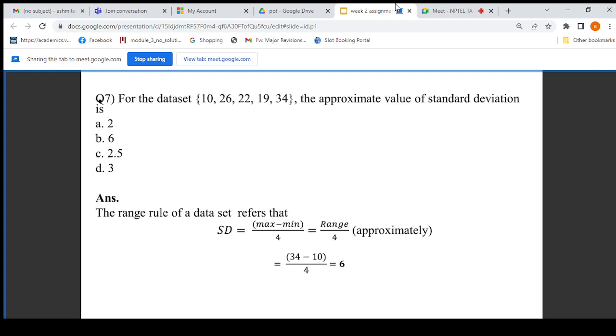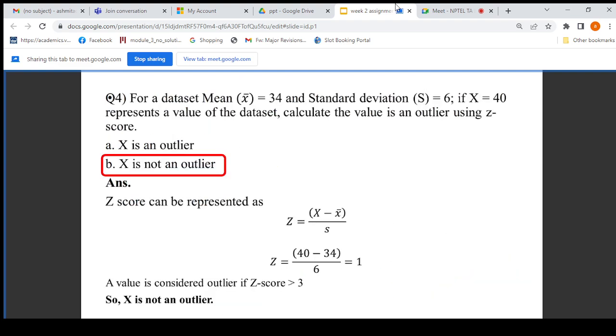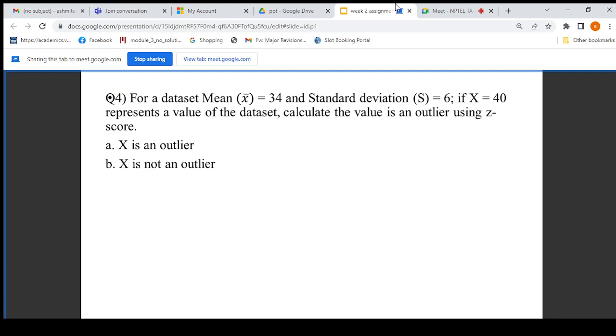If you have a data set and you have a value, you have to find the mean of that population and the standard deviation of that population. Then you have to find the Z score value. If the Z score value is greater than 3, then we consider this value an outlier.